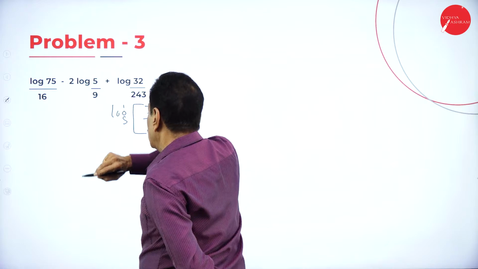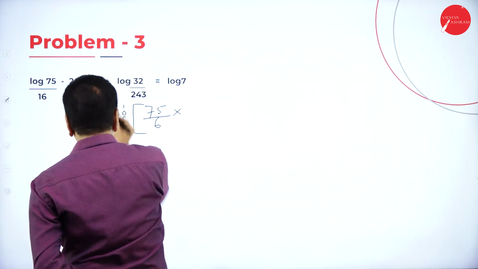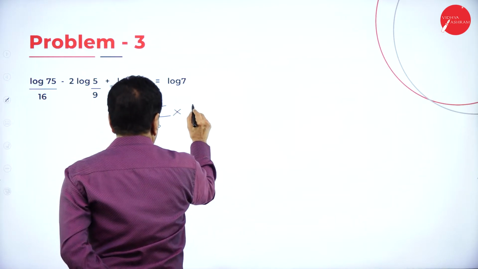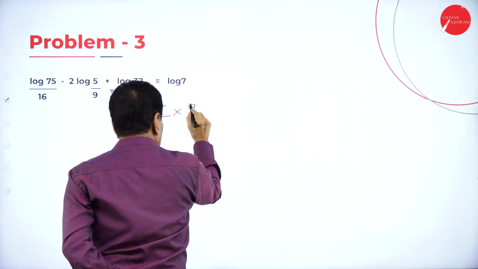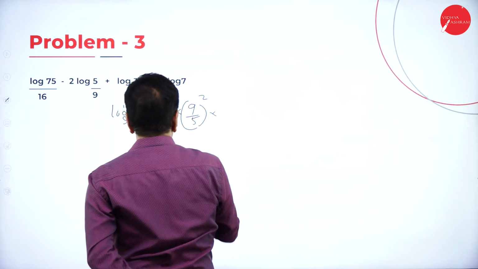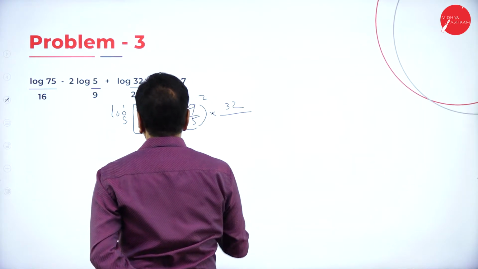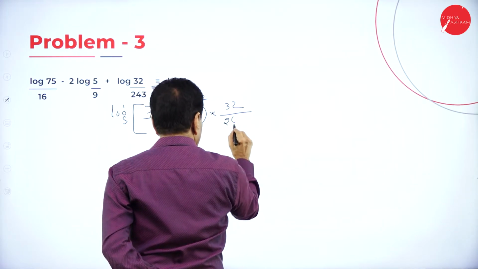This can be multiplied 2 times. This can be written as the reverse, 9 by 5 whole square, into 32 divided by 243.